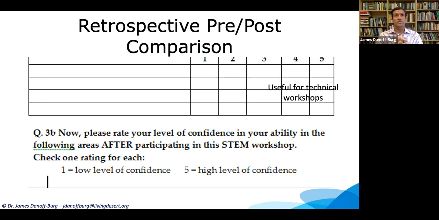So we're doing a series of these workshops on trying to put sustainable stoves in houses, not camp stoves.